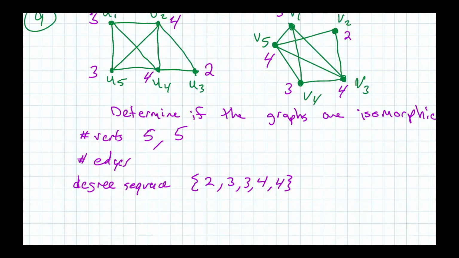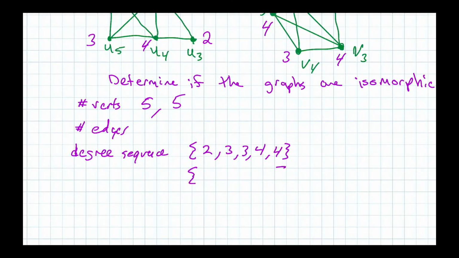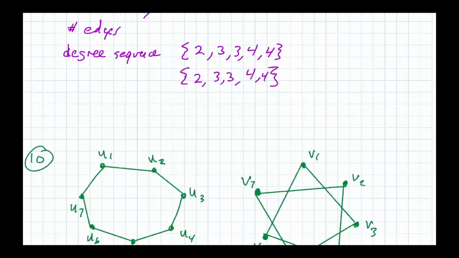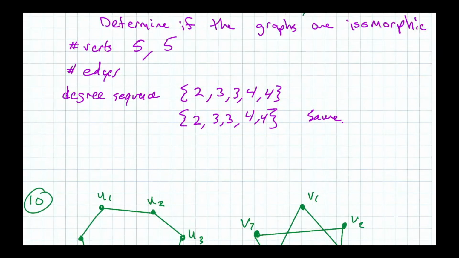That's the first graph. And for the second graph, we have a 2, 2 3s, and 2 4s. So they're the same. Now that does not necessarily mean they're isomorphic. You have to look in more detail.